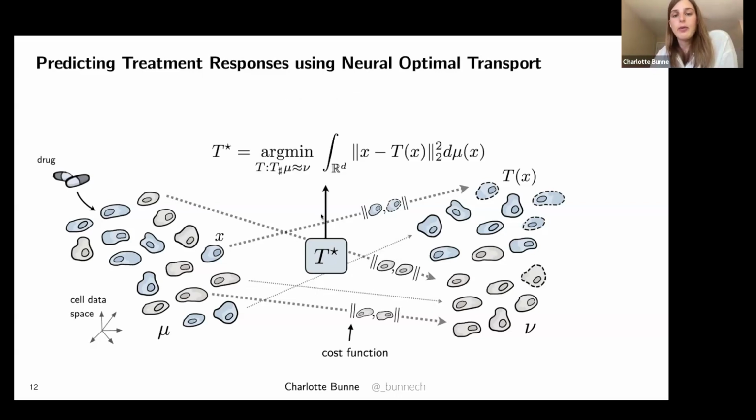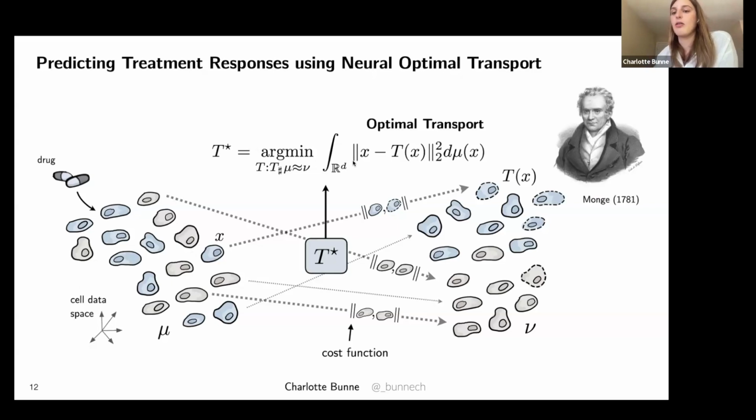And with this, I'm looking for a map that conserves the mass. So I'm not losing any cells. So the mass is conserved from before and after, that overall minimizes the transportation cost. And this coincides with a very famous principle of optimal transport that we are going to use as an inductive bias to parameterize those maps with neural networks.